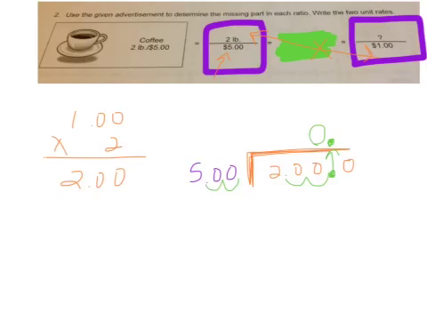Now I'm going to try and divide 500 into 2,000. This one, hopefully you can easily count. 500, 1,000, 1,500, 2,000. So I just counted 4 groups. So that means 5 times 4 is exactly 2,000.